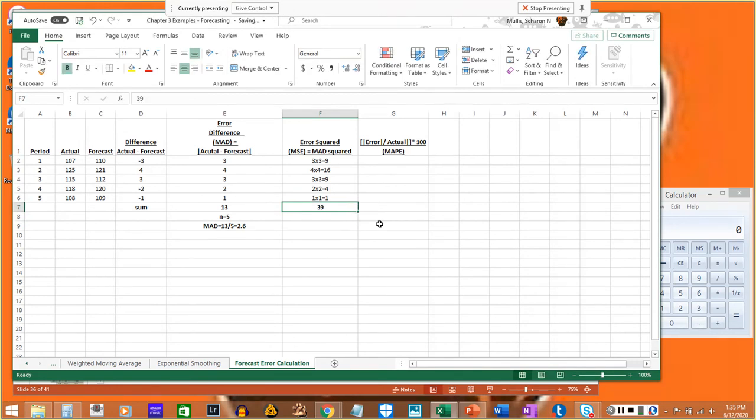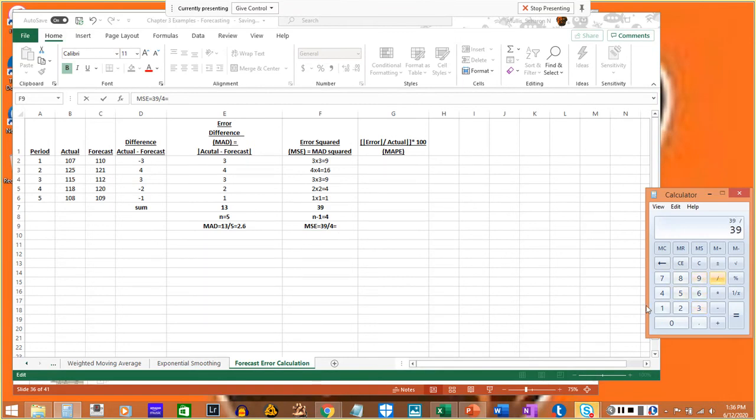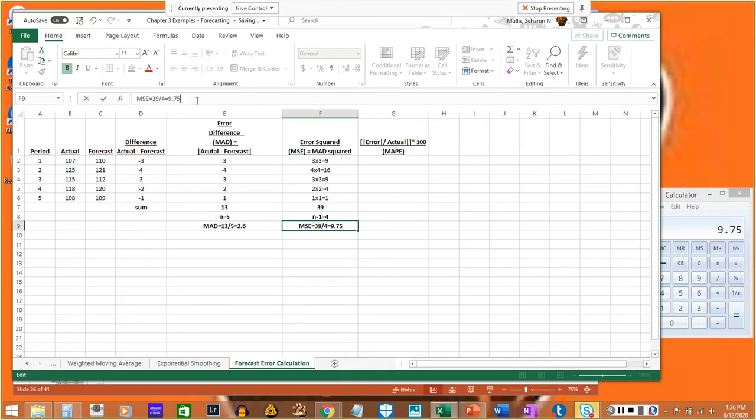As you did with the mean absolute deviation, you're going to add all of those numbers up, but instead of using 5, you're going to subtract 1, which would give you 4, and after you get that number, you divide 39 by 4, which equals 9.75.